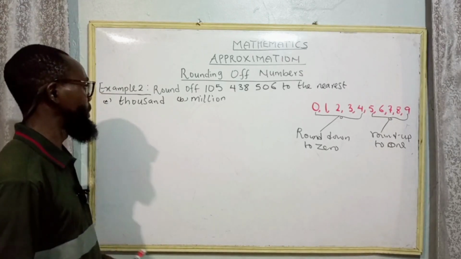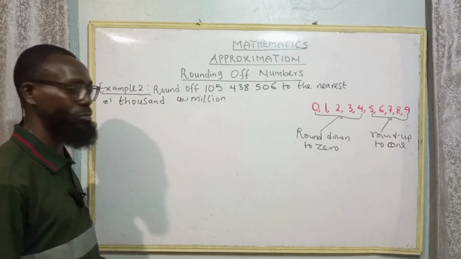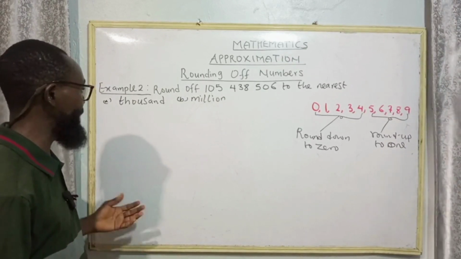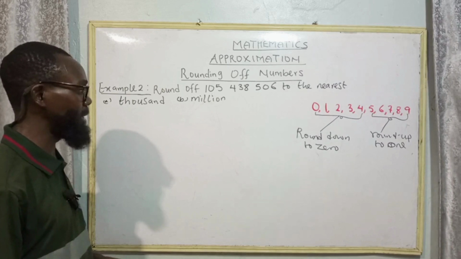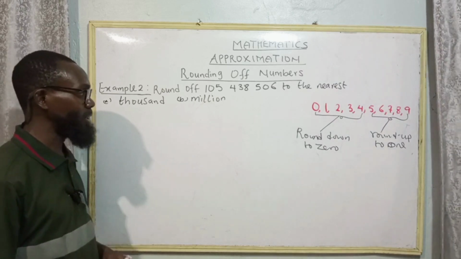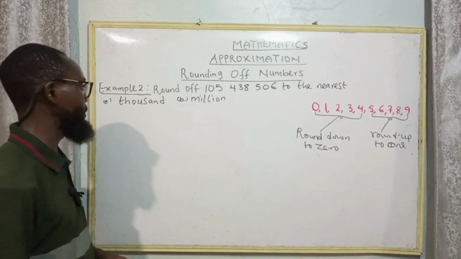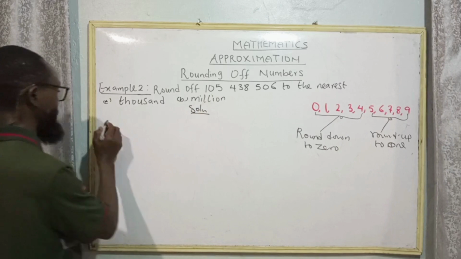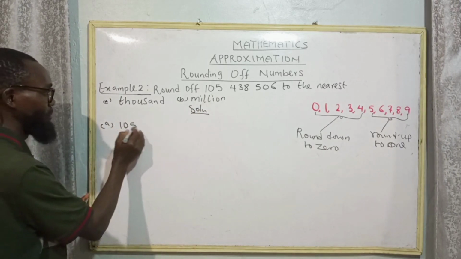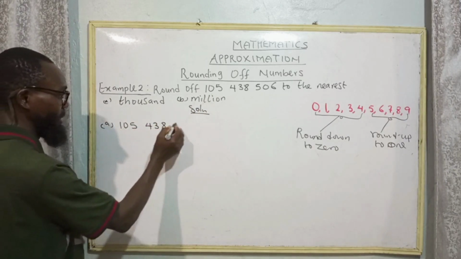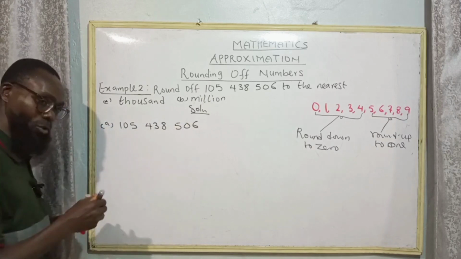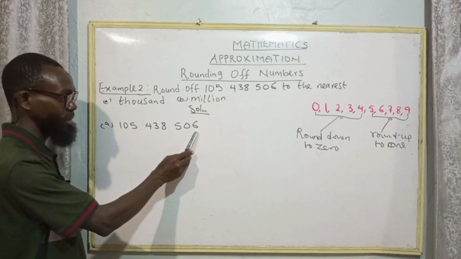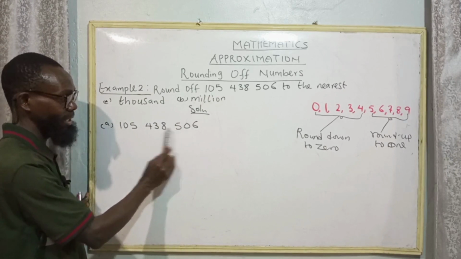Example 2. Round off 105,438,506 to the nearest 1000 and the nearest million. Now I want to round this to the following values. The first one, to 1000: 105,438,506. The first digit here is our units, followed by tens, 100, 1000.